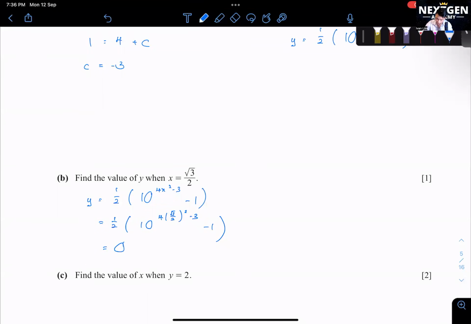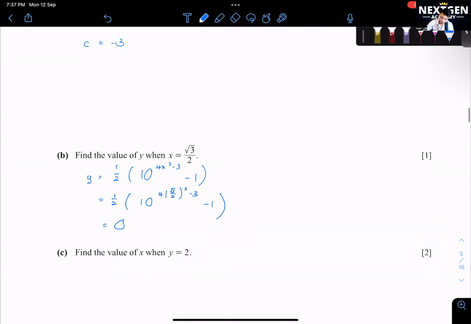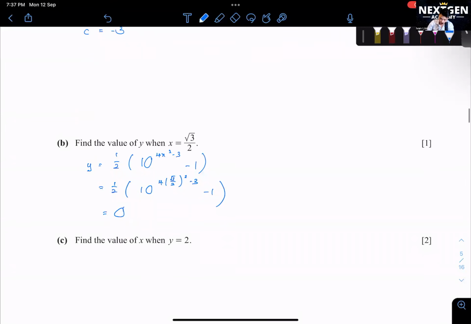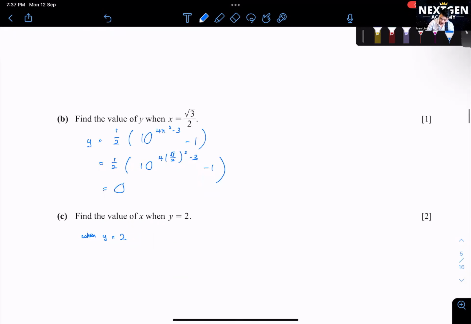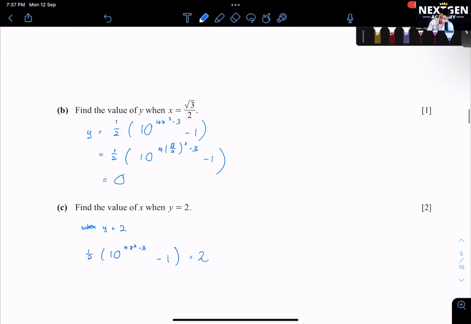Then the last one, find the value of x when y equals 2. So I use that same exact equation again. So when y equals 2, it will be 2 equals to, wait, I put the 2 at the right-hand side, easier to count. 1 over 2, 10 to the power of 4x squared minus 3 minus 1 equals 2.